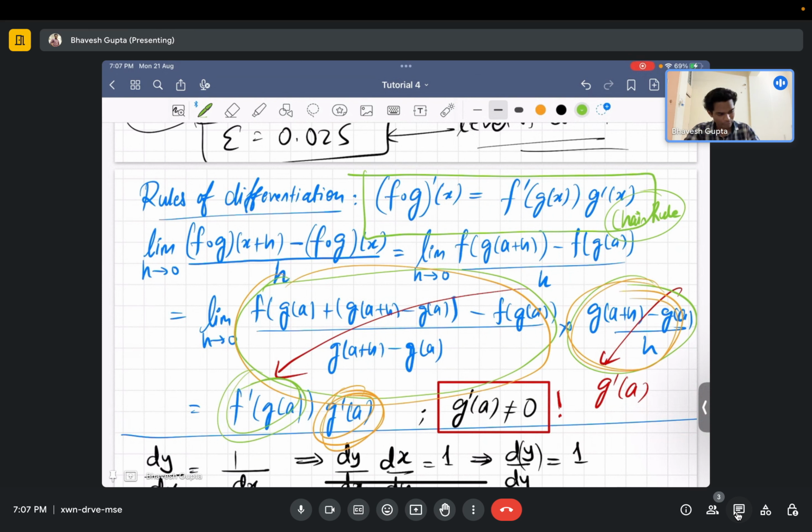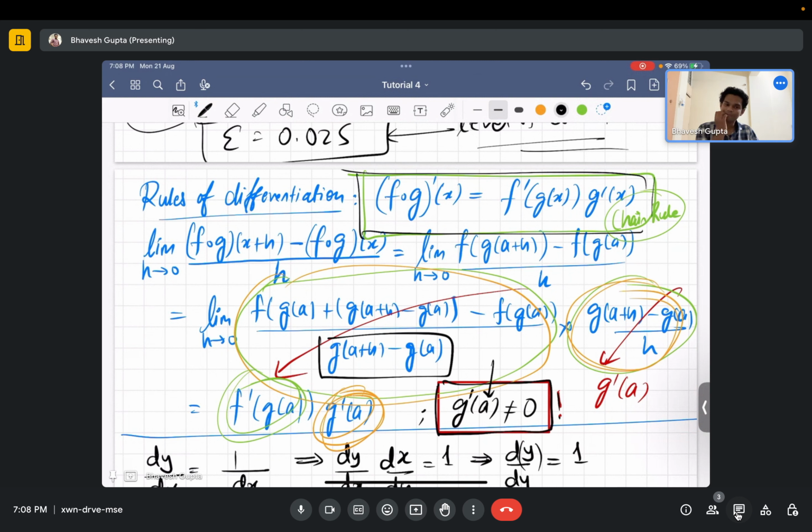He also pointed out that if you look at this denominator very carefully, this might be zero, right? So this type of definition holds true when you have a non-zero derivative of the g function at that particular input. By avoiding these particular points, you can properly define what you mean by the derivative of a composite function.